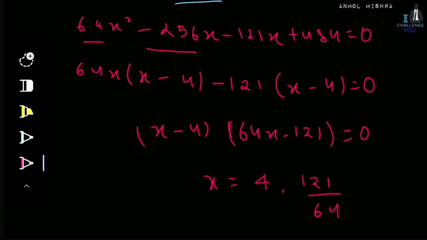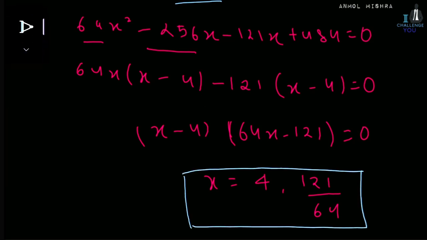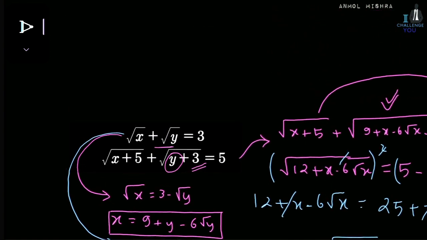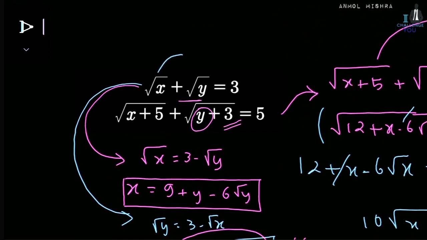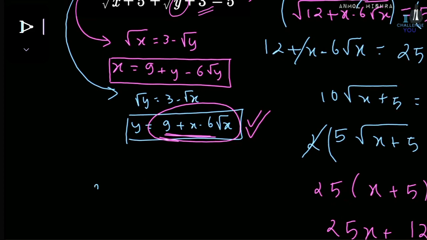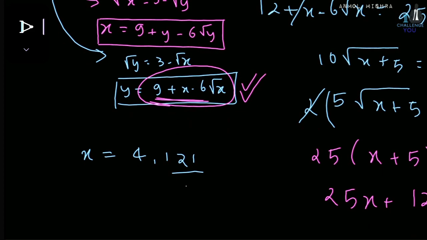As both are positive, both values are valid, because if one of them were negative, it could not be okay, since the square root of a negative is complex, and the answer is a real number. So both values are correct: x is 4 or 121 over 64.